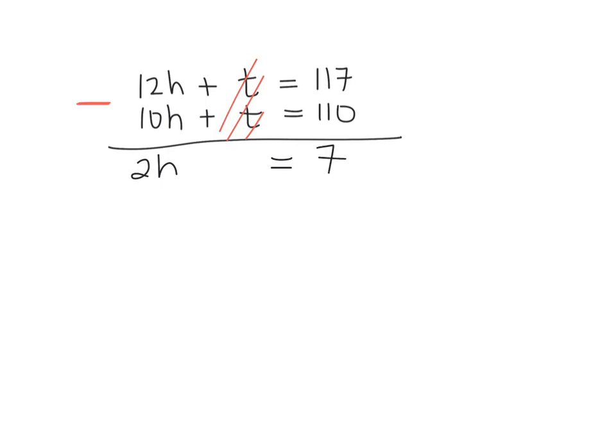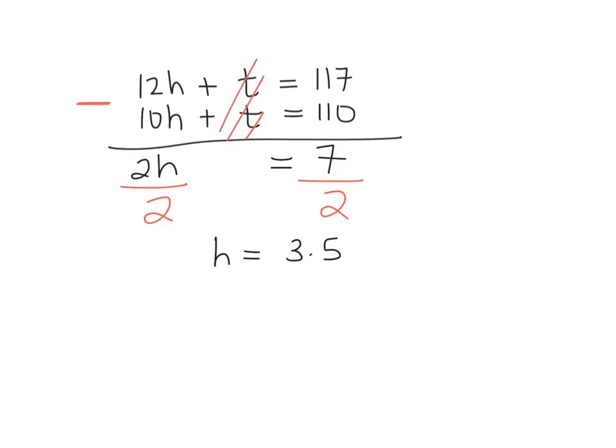So now I am only left with the letter h to solve for. And so to isolate for the letter h, I'm going to divide both sides by 2. And so that will leave me with h is equal to 3.5.